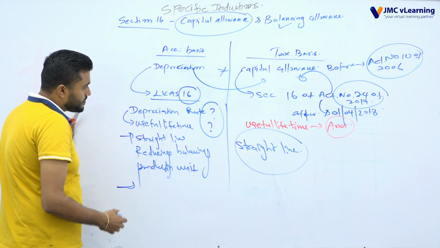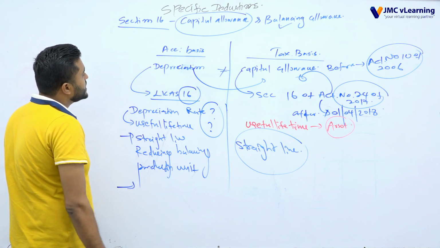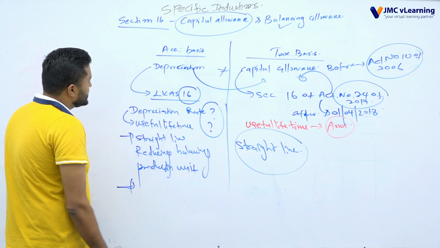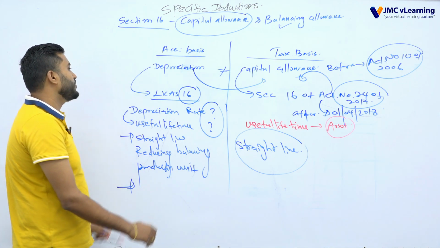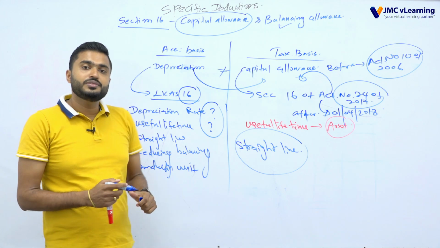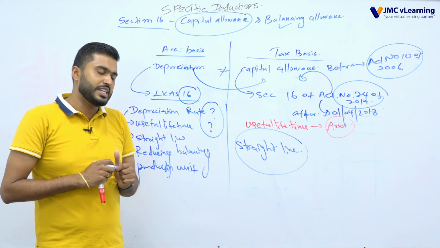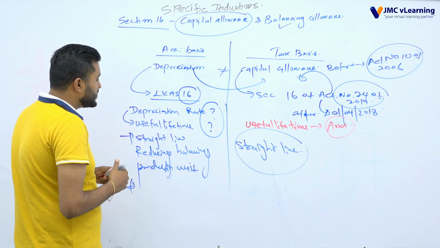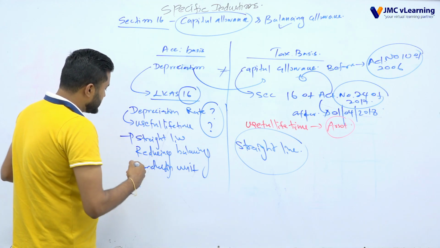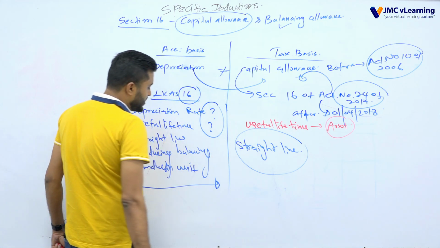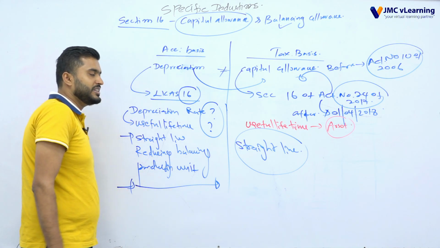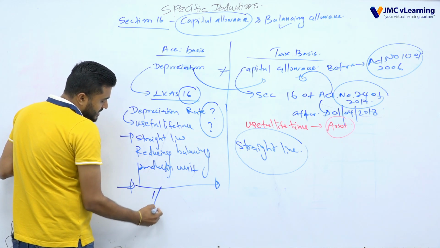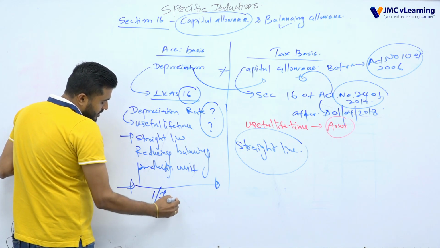There is another one. The accounting depreciation, you need to calculate from the date the asset is available for use. If the asset is available for use from a particular date, you have to get the depreciation on a time basis. For example, let's say you acquire an asset and it is ready to use from 1st July.